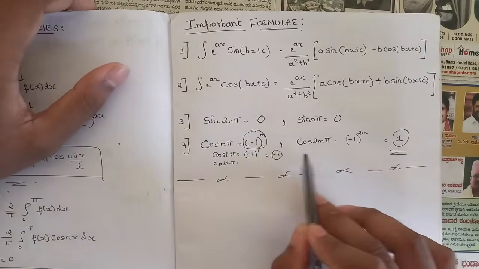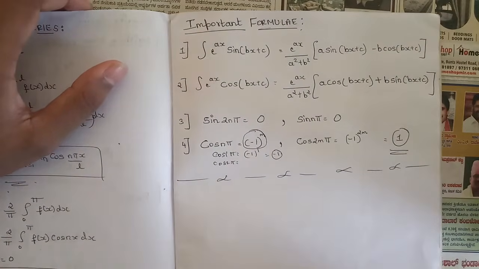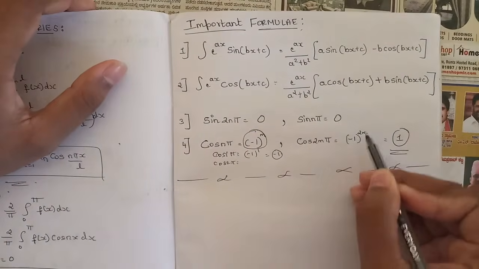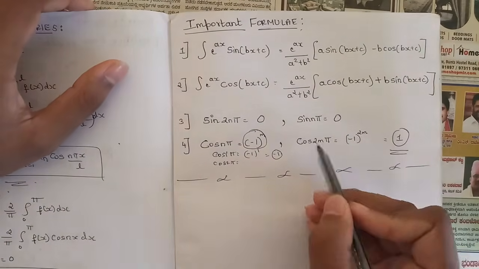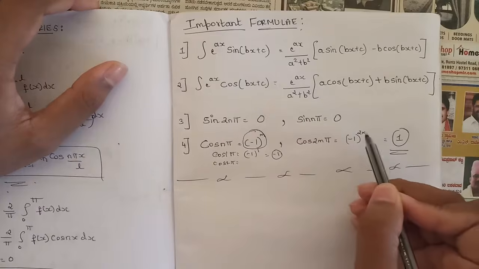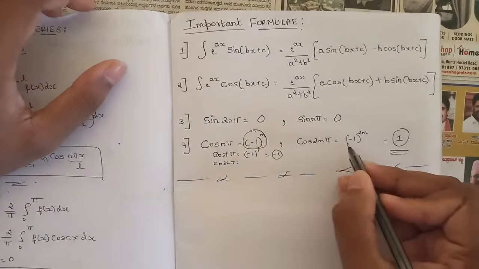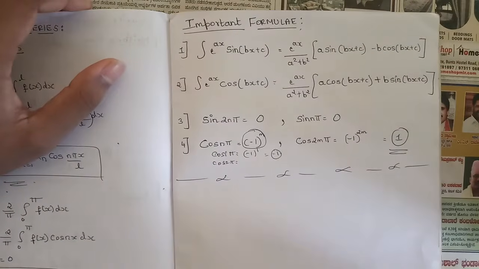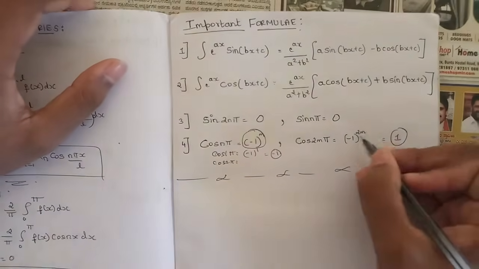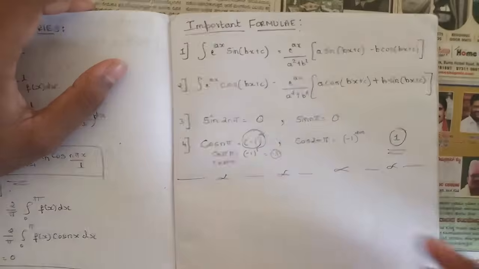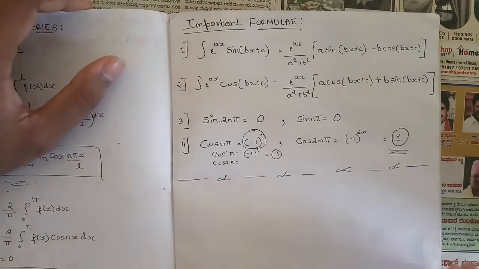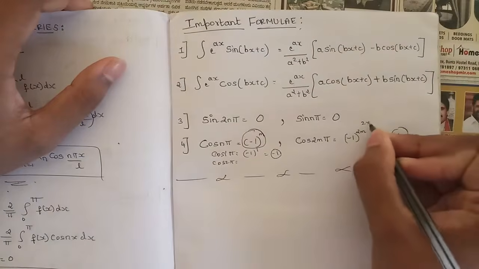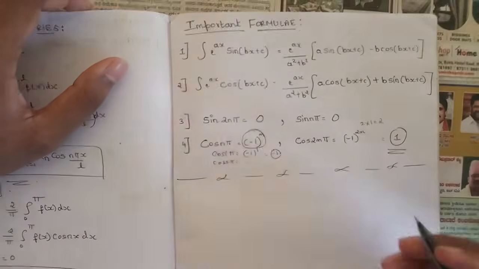Similarly, we have the formula for cos 2n pi, that is minus 1 to the power 2n. This 2n will be the power, you have to write that. So minus 1 to the power 2n is always 1. How is it 1? See, the value of n here also goes from 1 to infinity. Put any value for n, for example let's take 1. 2 into 1 becomes 2, right?